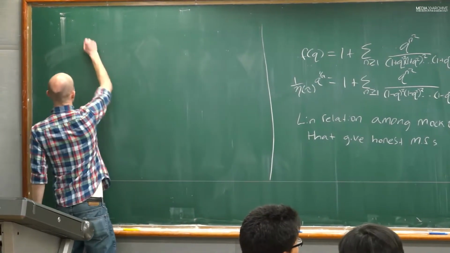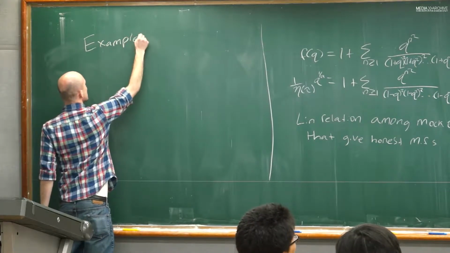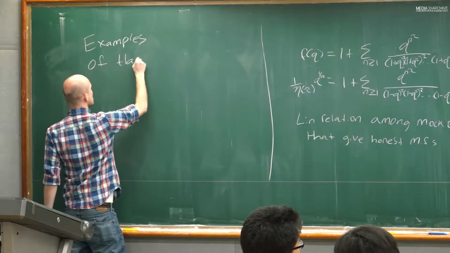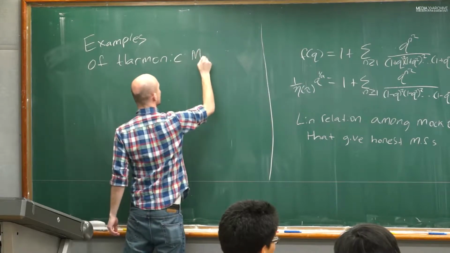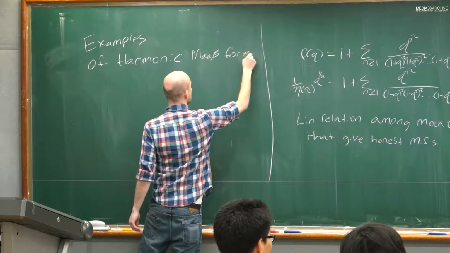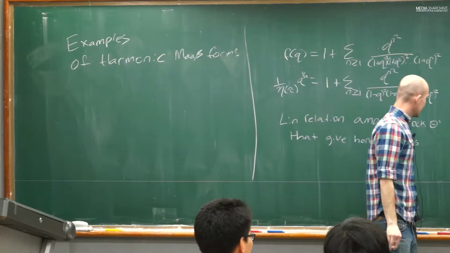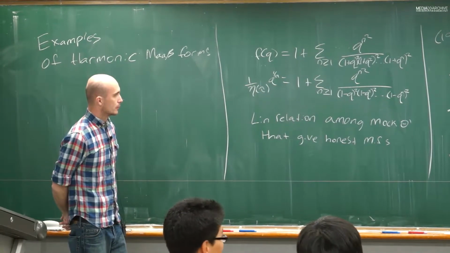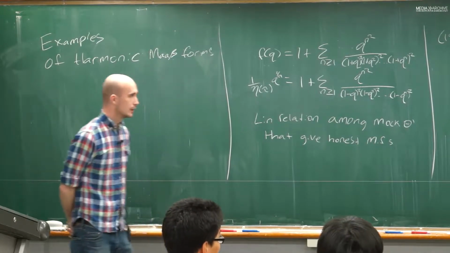So let's talk about some examples of harmonic Maass forms. This theory was mostly studied for non-harmonic Maass forms, so Maass cusp forms have a very rich theory.